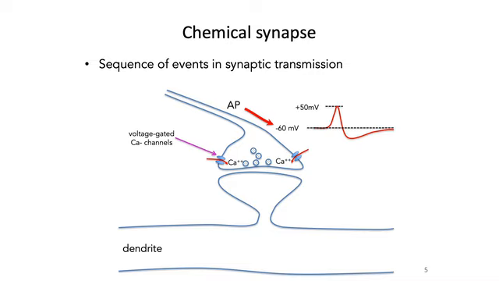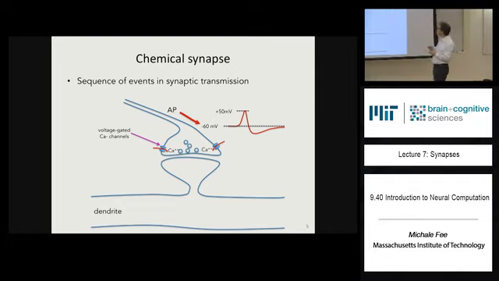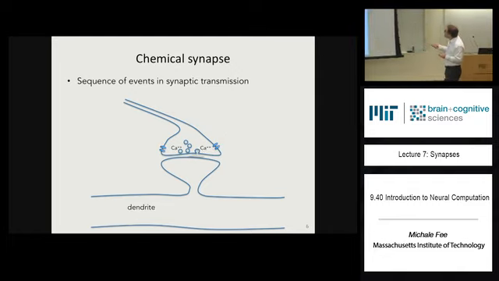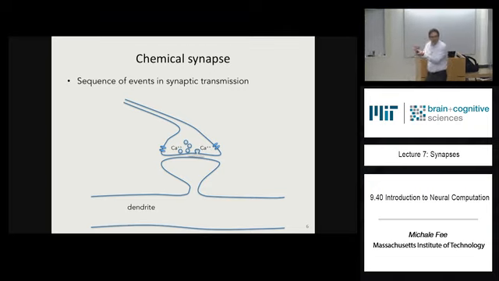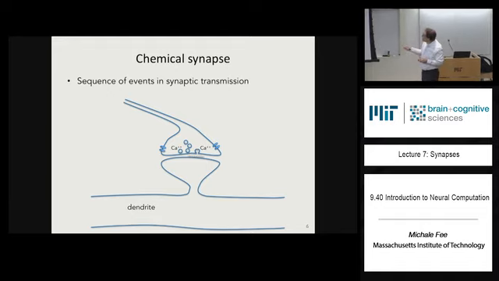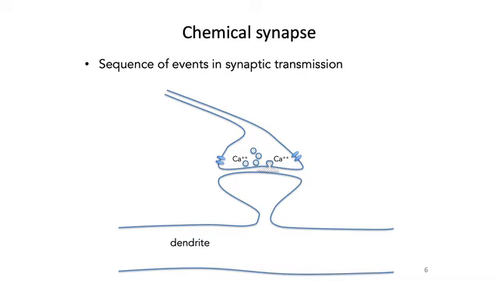That calcium flows in and binds to presynaptic proteins that dock these vesicles onto the membrane facing the synaptic cleft. That causes those vesicles to fuse with the membrane. They open up and release their neurotransmitter. All of those vesicles are filled with neurotransmitter.